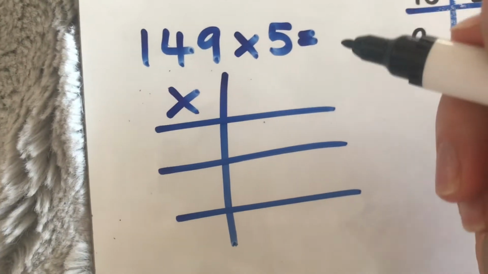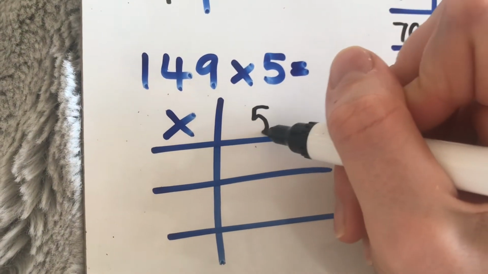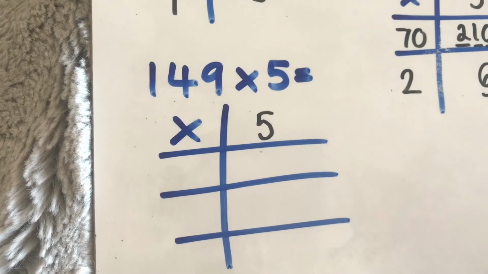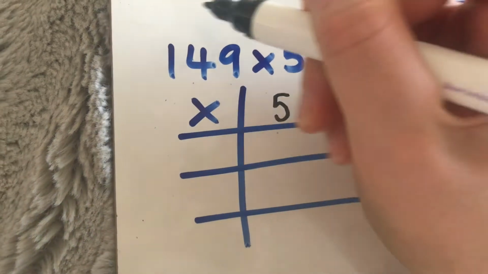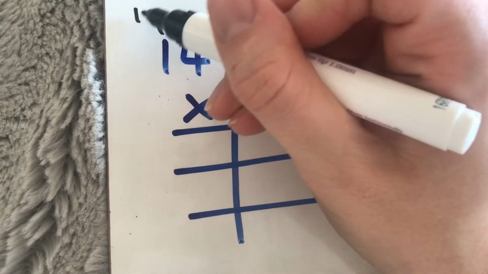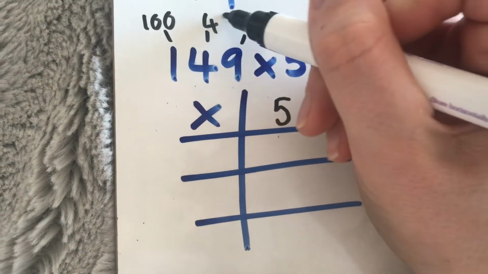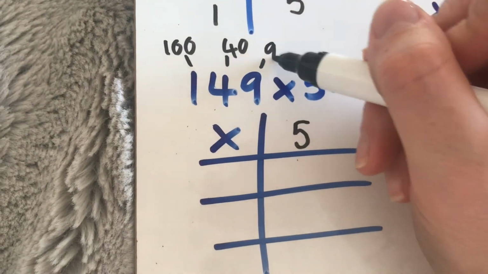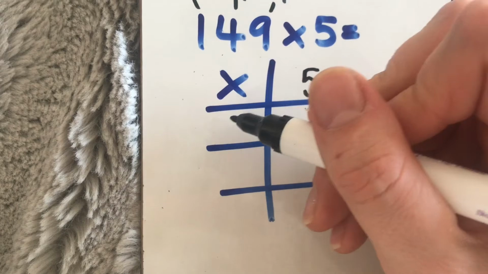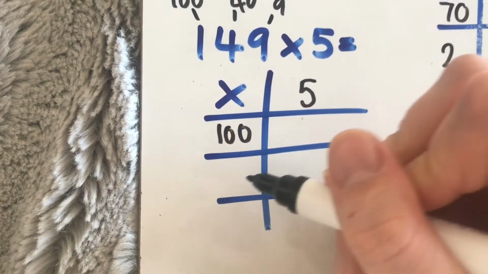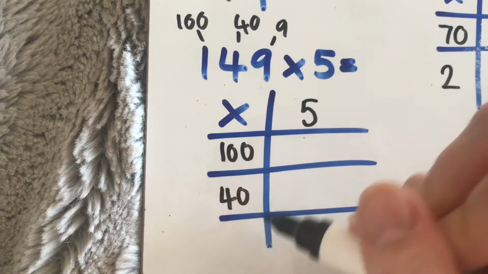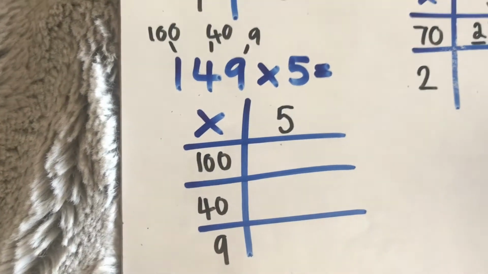We're going to put our 5 up here. Then we've got 149. If we partition this number, you'd have 100, 40 and 9. So 100 goes here, 40 goes here, 9 goes here.